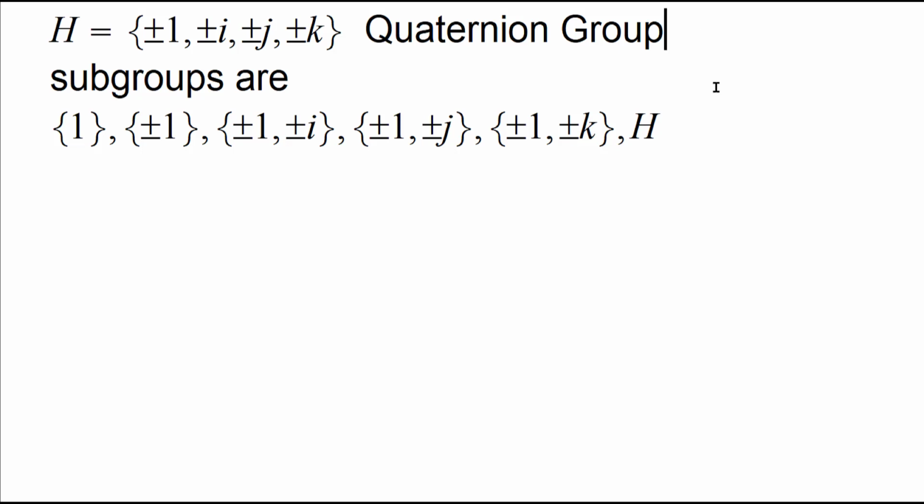Now let us recall our quaternion groups. You can see all the subgroups are the identity, plus minus 1, and the group with these 4 elements, then another with these 4, and then with these 4, with K, and the Hamiltonian group itself. Now any group is normal in itself because the left cosets will always be equal to right cosets.